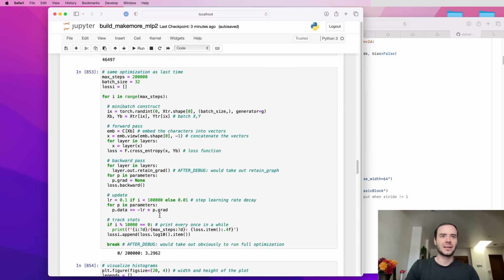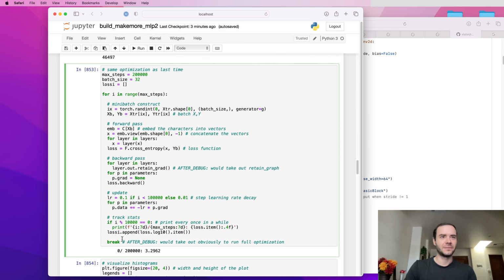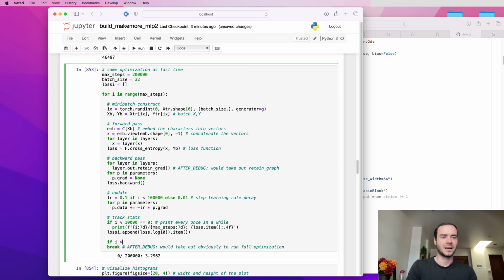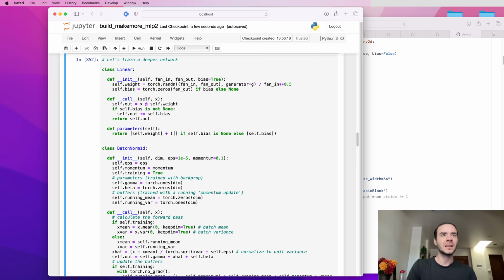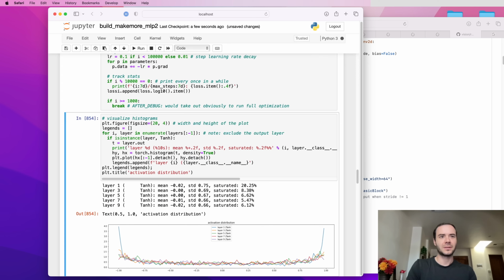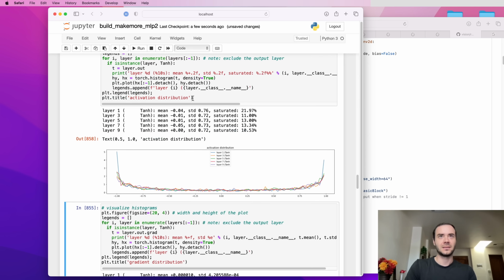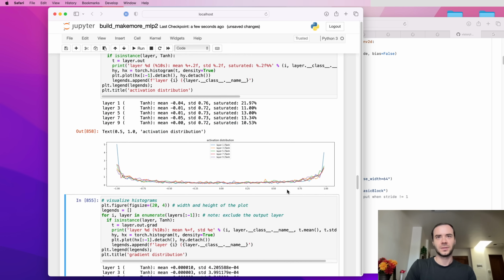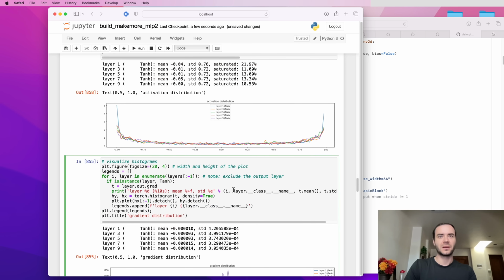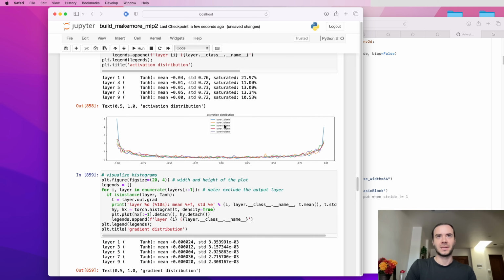Now, this actually kind of fixes itself a little bit if you train for a bit longer. So for example, if i is greater than 1,000, only then do a break. Let me reinitialize, and then let me do it 1,000 steps. And after 1,000 steps, we can look at the forward pass. Okay, so you see how the neurons are saturating a bit. And we can also look at the backward pass, but otherwise they look good.